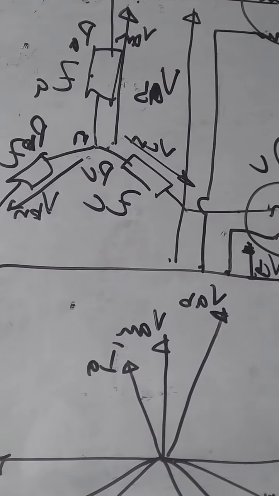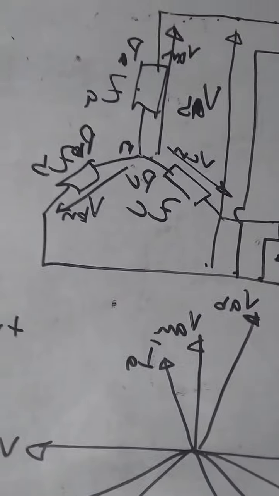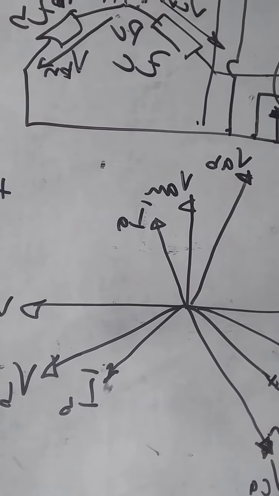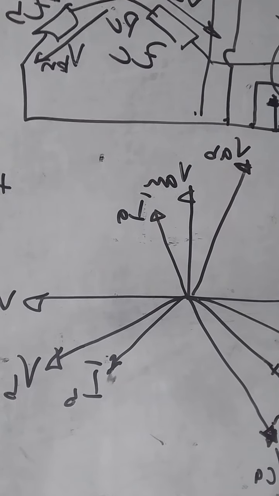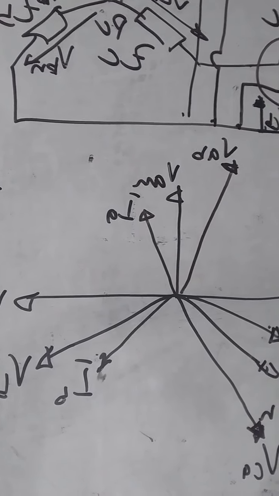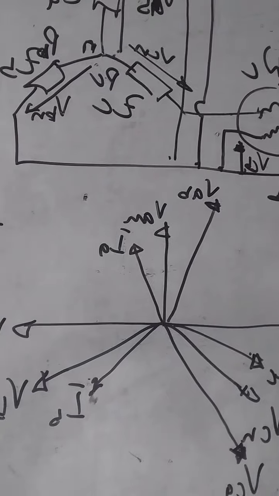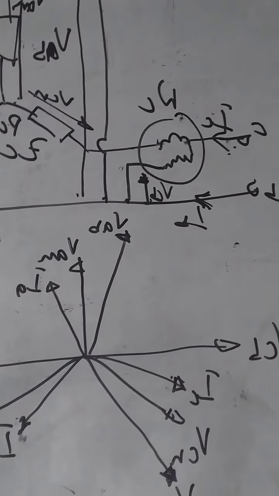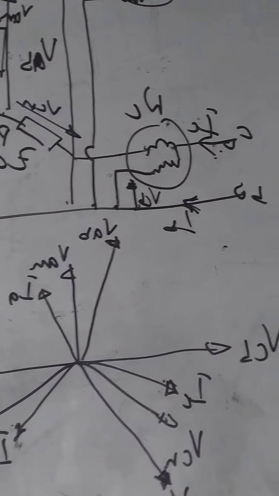And to do that, I'm going to use a phasor diagram that is ABC sequence, that is positive phase sequence, with a lagging current that has phase angle phi being assumed.